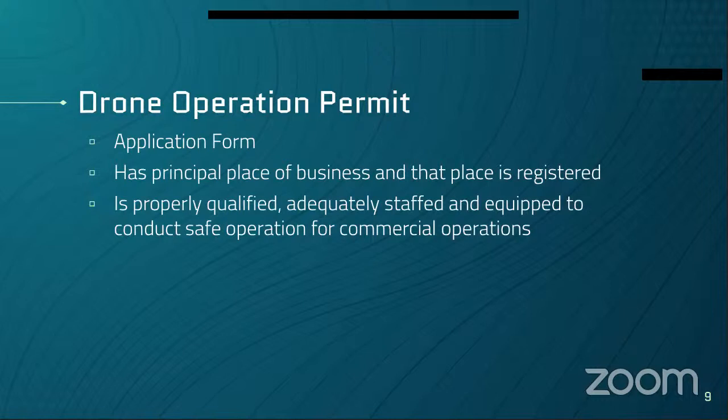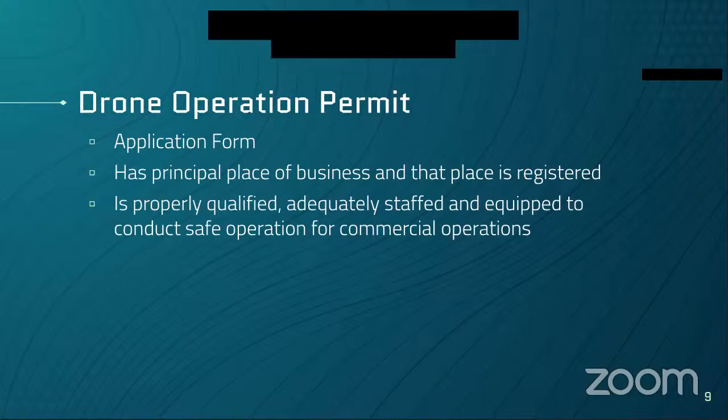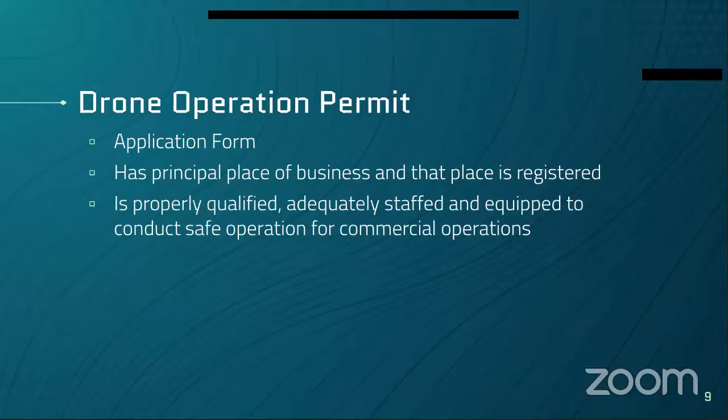Then lastly, the authority checks that you have all the staff capable of conducting mapping activities, and also that you have equipment to perform those operations. So in the case of commercial operation, there are some criteria that you have to meet and abide by.